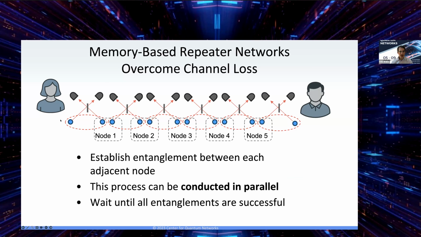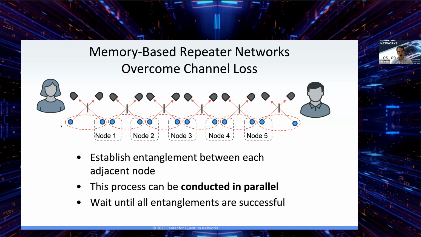In fact, each one of these pairs is going to have to try over and over and over again. And because of losses and because the Bell measurement is imperfect, they're going to have to keep trying until success. But once they succeed, once this qubit and this qubit are entangled, they can stop and hold that entanglement and store it.